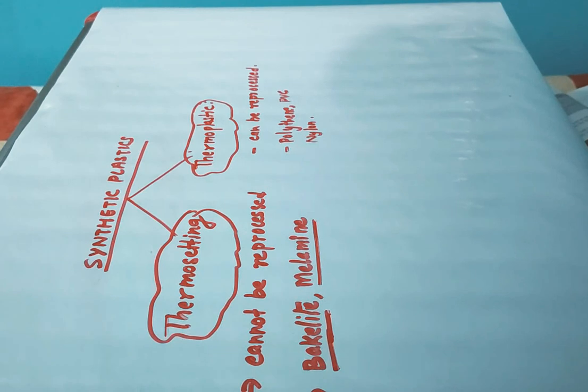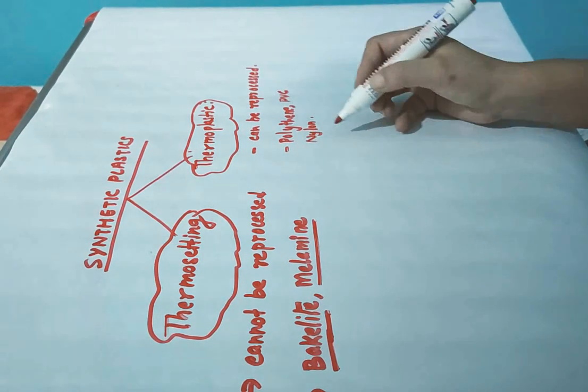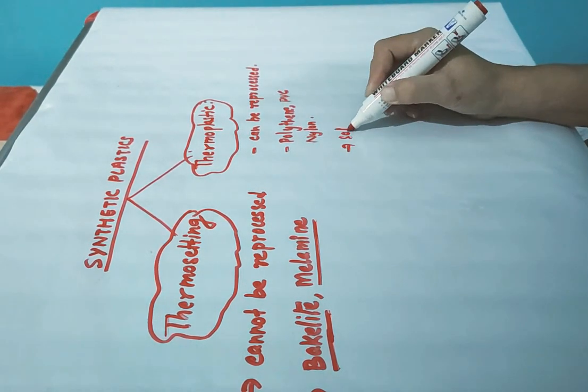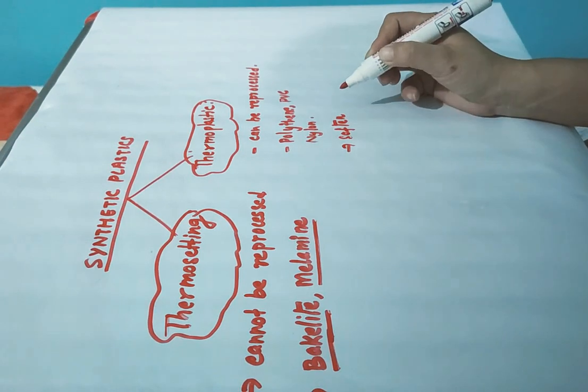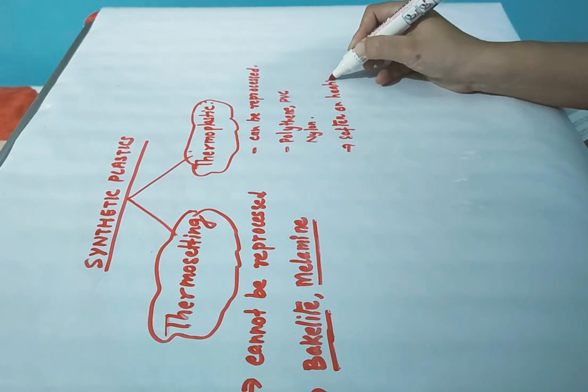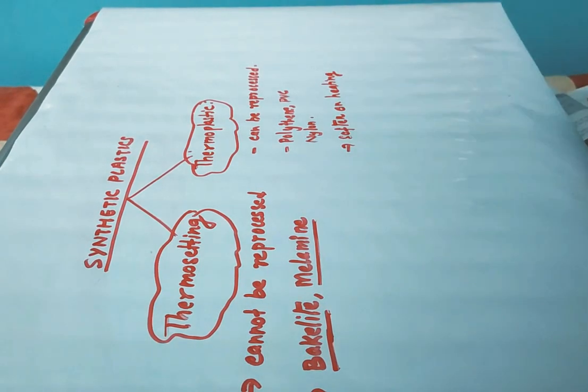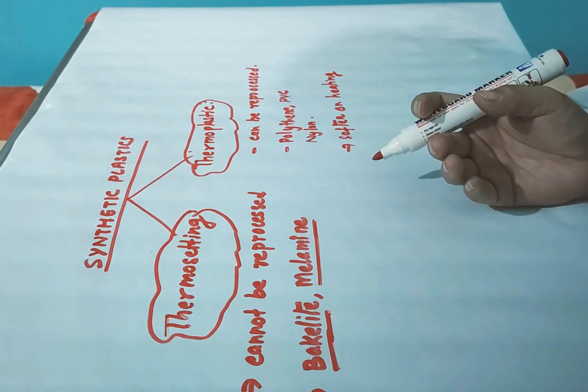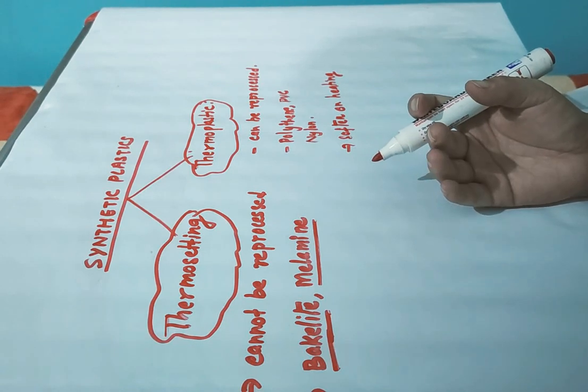Now, thermoplastics can be softened easily on heating. That is why they can be molded into different forms to get different shapes.